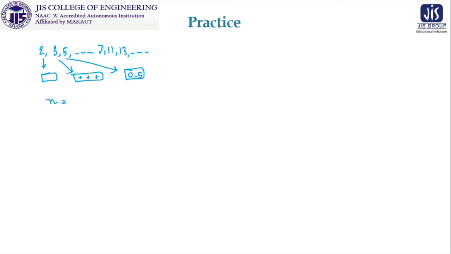A number can be represented as am 10 to the power m plus am minus 1 10 to the power m minus 1 plus dot dot dot plus a2 10 square plus a1 10 plus a0, where am is a coefficient. It is nothing but the decimal representation.